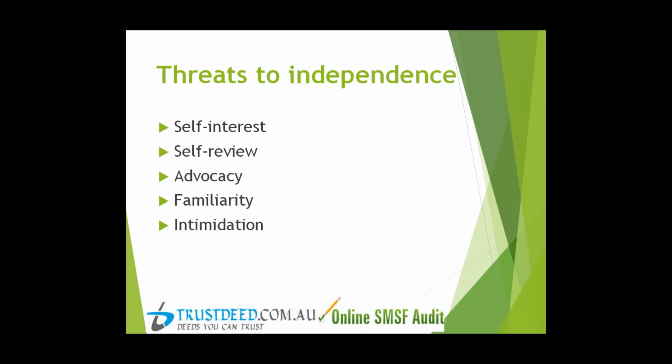A circumstance or relationship may create more than one threat, and a threat may affect compliance with more than one fundamental principle. Threats fall into one or more of the following categories. It can be self-interest threat, self-review threat, advocacy threat, familiarity threat, or intimidation threat.